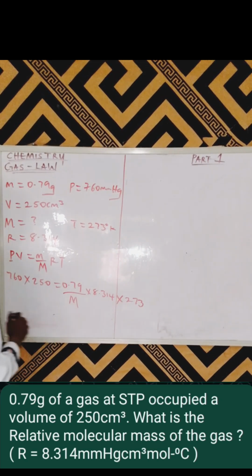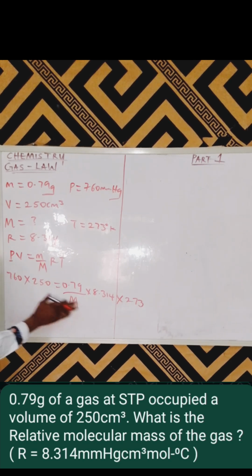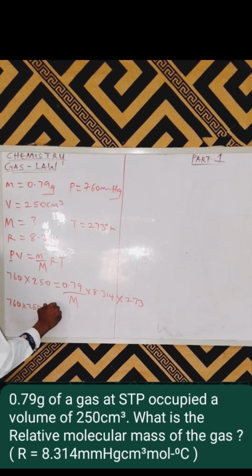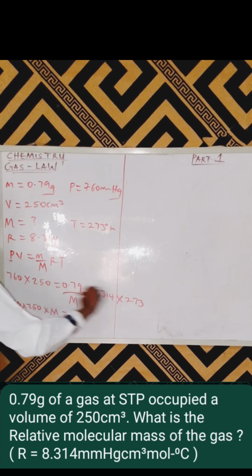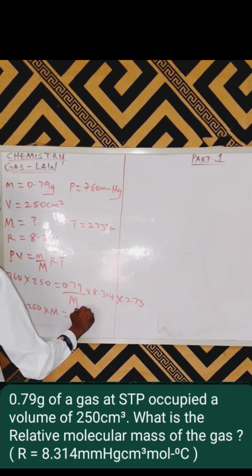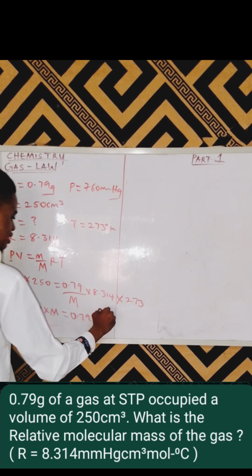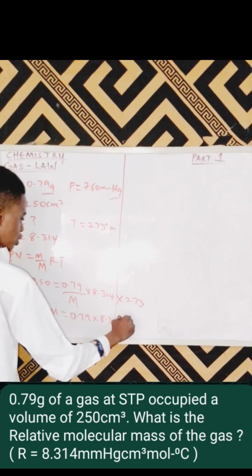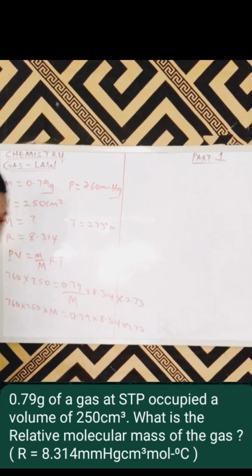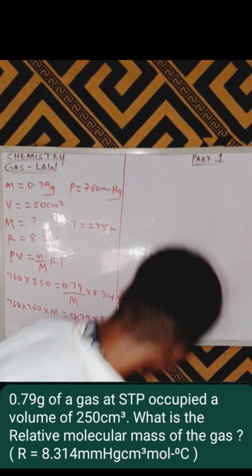So now I'm going to multiply everything. I'm going to have 760 times 250 times M is equal to 0.79 times 8.314 times 273. Let me use my calculator.